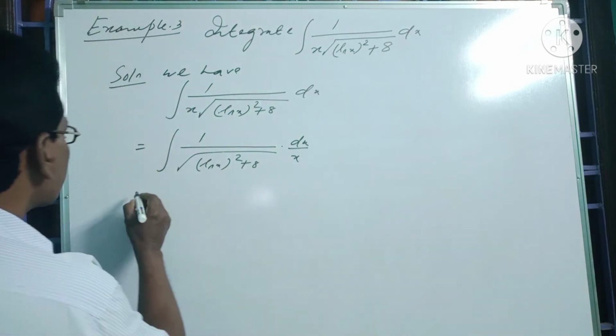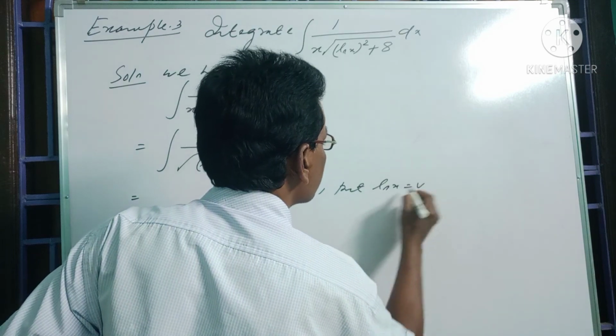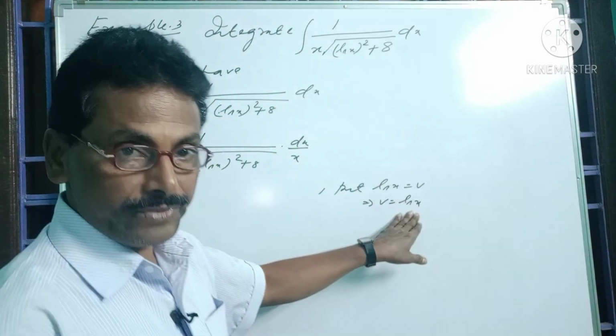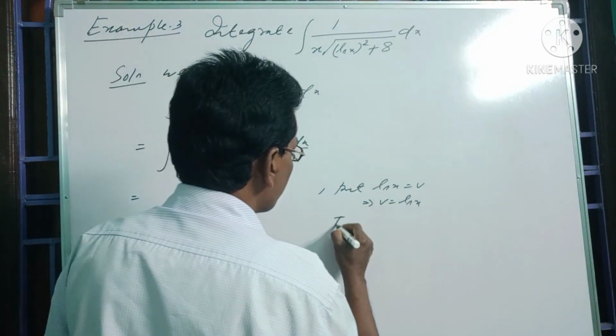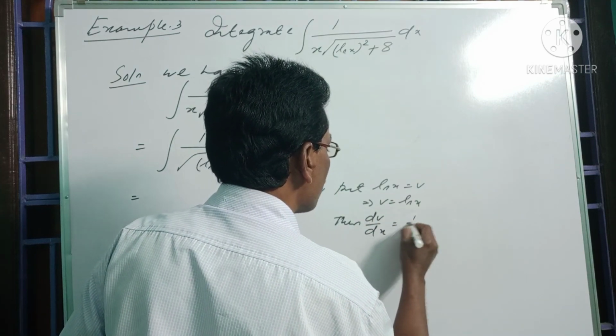Now let us substitute or put ln x as v, that is v is equal to ln x. Here v is a function of x, so differentiating v with respect to x gives us dv by dx, which is equal to 1 by x.